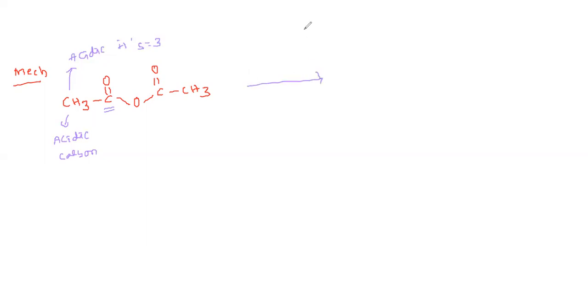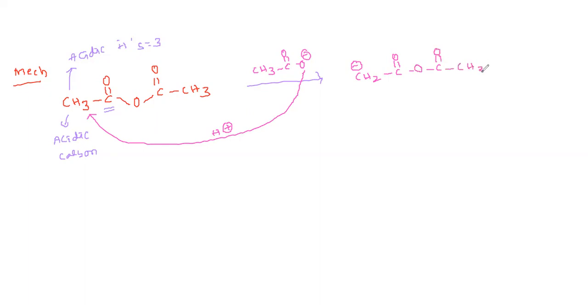Again, we take a strong base, the acetate ion, O minus. First there is loss of H plus. The base abstracts the H plus ion, so it forms CH2 minus, then C=O, then O, then C=O, then CH3, plus acetic acid.